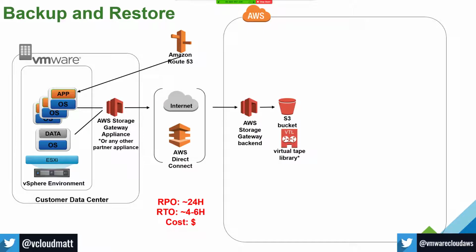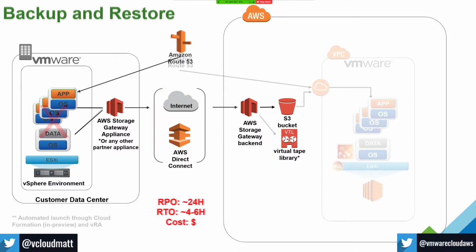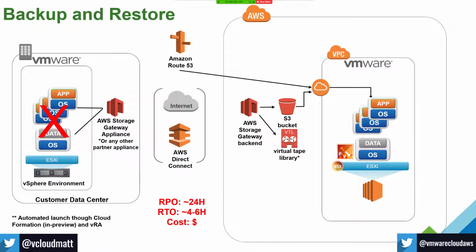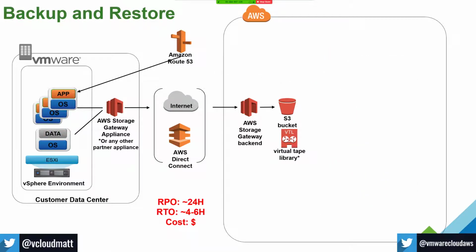Essentially, all you do is use the Amazon Storage Gateway appliance or any other partner appliance to back up your vSphere SDDC into an Amazon Storage Gateway, which could go into an S3 bucket or a virtual tape library. So what happens in the event of an actual failure is all you need to do is spin up. So this is actually simplifying on-premises backup to Amazon.